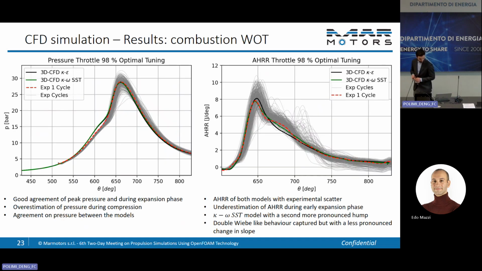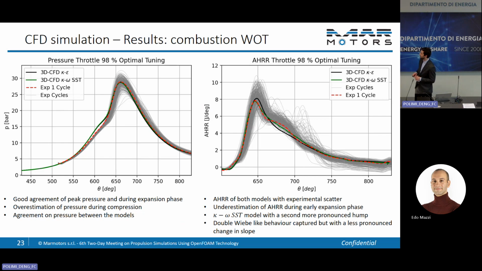And okay, this is one of the validations that we did of the pressure curve that we gained from the test bench. As you can see, we have a good agreement of the pressure trace.